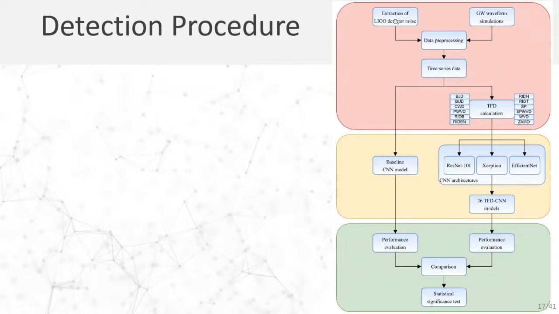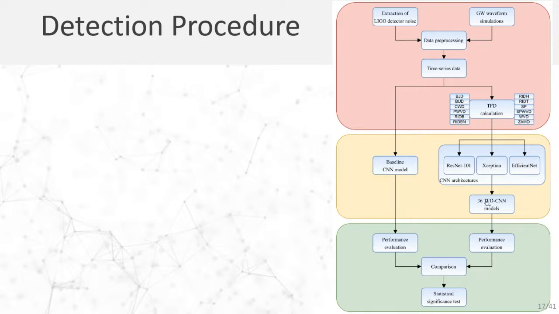During the data preparation, we collected real-life recordings from LIGO detector and conducted gravitational waveform simulations. These data were then pre-processed, and to this time series data, we applied these 12 time frequency distributions from Cohen's class. In this way, we obtained 12 different data sets that we used as input to 3 different state-of-the-art CNN architectures.